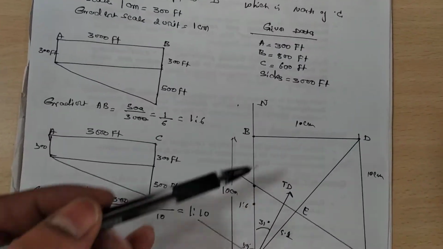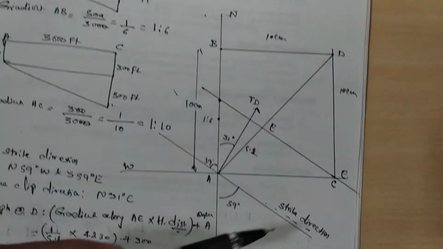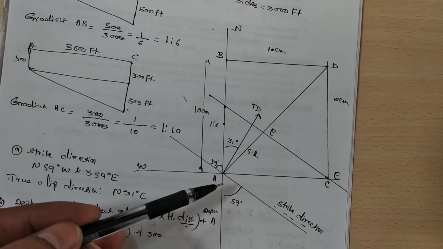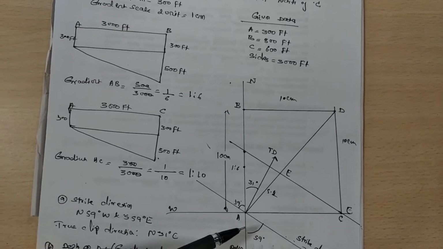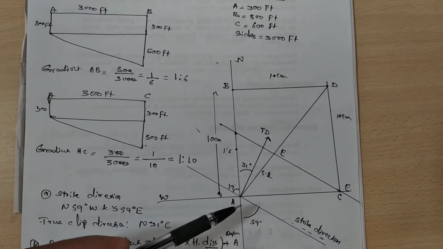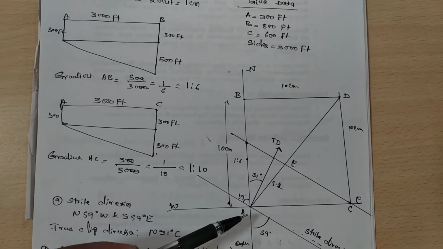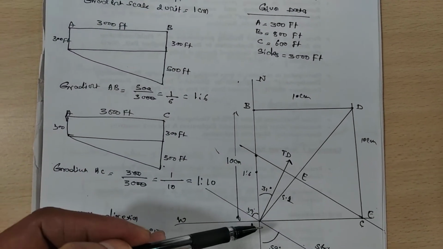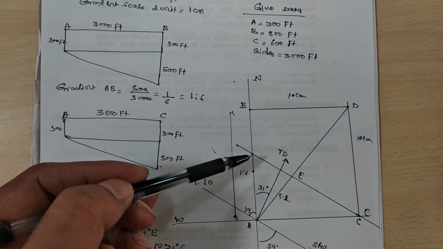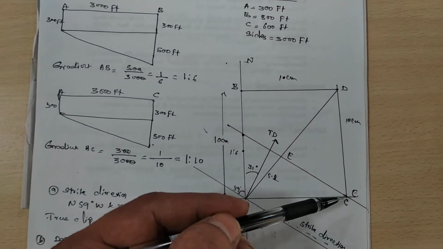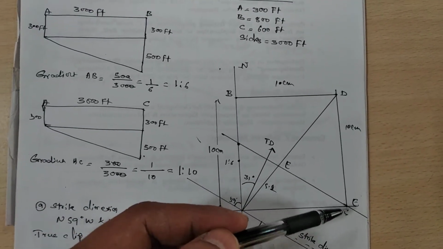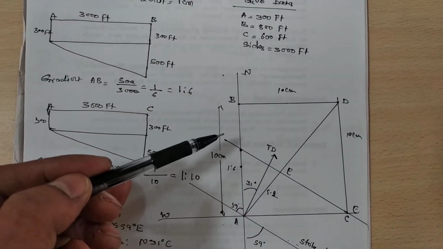So now let's go to the next part. Here you need to draw north-south and east-west, and here we need to draw the gradient first. For AB borehole, the gradient will be 1:6. Measure this 1:6 here and mark it, and AC is 1:10. Here we got 1:10. Mark it here and connect these 2 points.